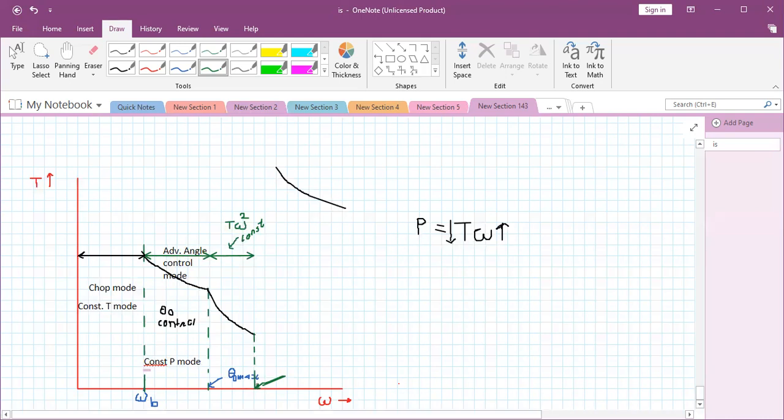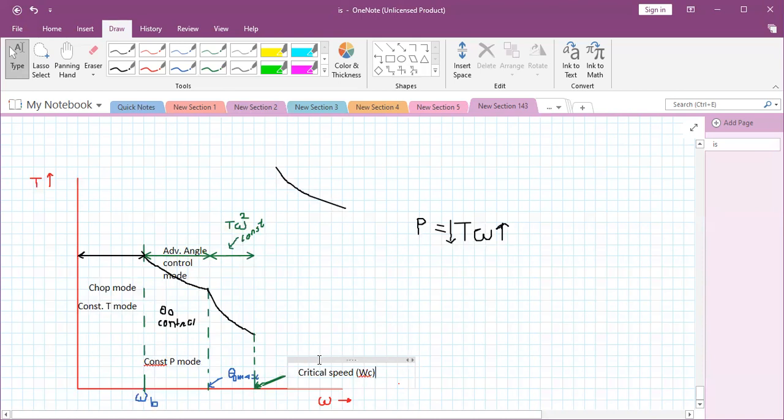This particular point is called the critical speed. Beyond this, we are not allowing the speed to increase, and that is denoted by omega c, c for critical.